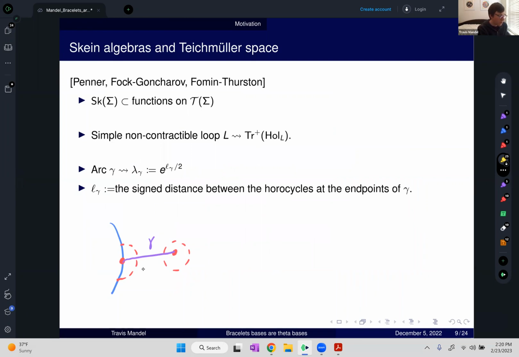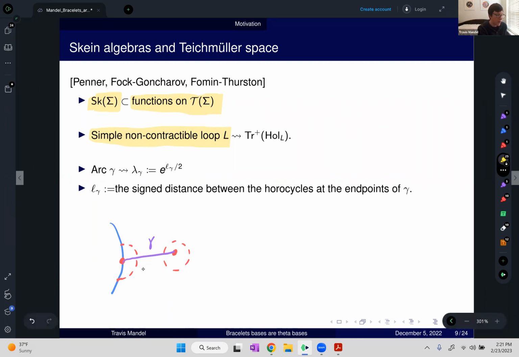Now, in different settings, Penner, Fock and Goncharov, or Fomin and Thurston observed that the skein algebra can be viewed as giving functions on this decorated Teichmüller space. How this works: if you have a simple non-contractible loop, just like before, you can take the monodromy. Remember, we have this associated element of PSL2R.